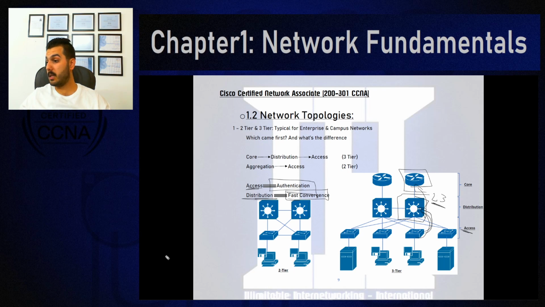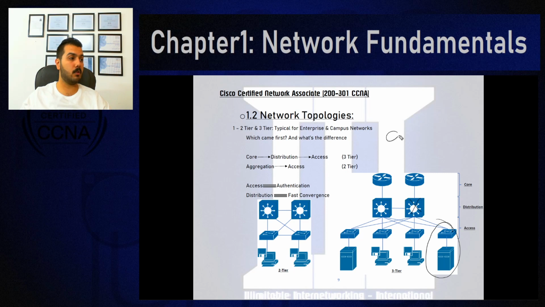As you can see, the other important thing about this topology is redundancy, because this switch is connected to both distribution devices. In case a failure happens in one of them, we will not lose our service. We will not have what is called an outage.